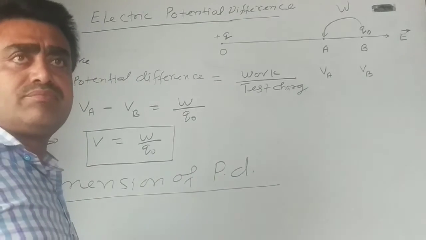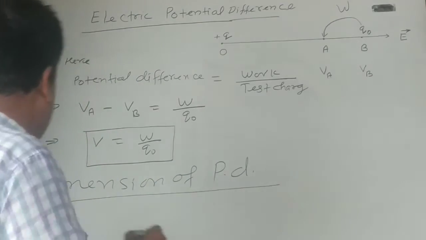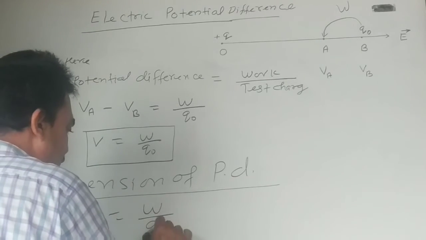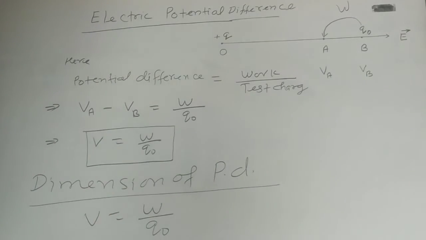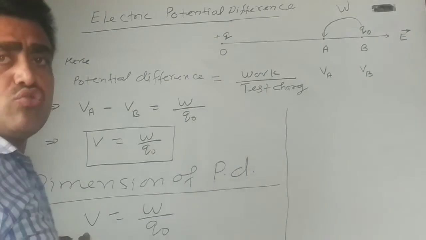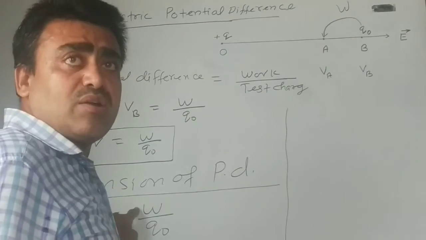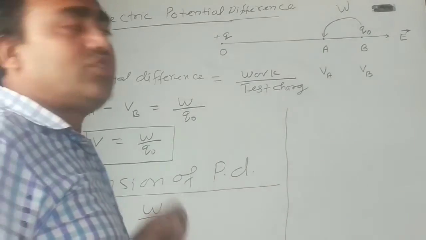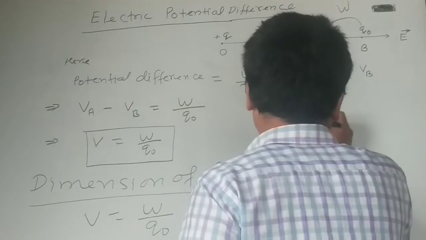We all know that V is equal to W upon Q naught. Here V is equal to PD, potential difference, W is work done, and Q is charge.